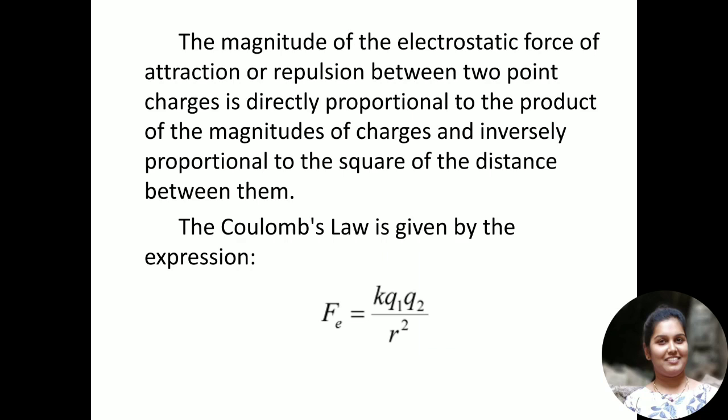In this presentation we have already seen one law, that like charges repel and unlike charges attract. This law was proposed by Coulomb, and the same person proposed another law, which is Coulomb's law.